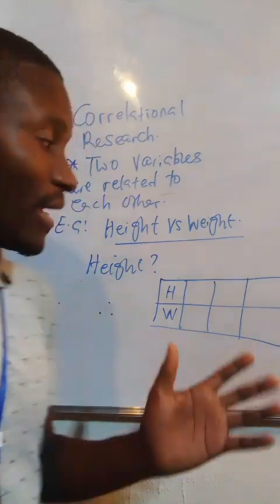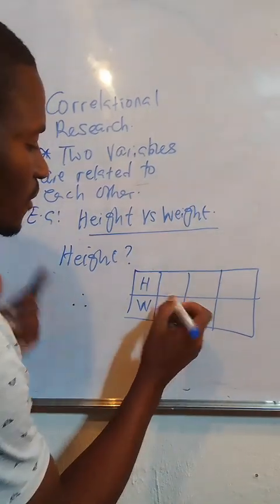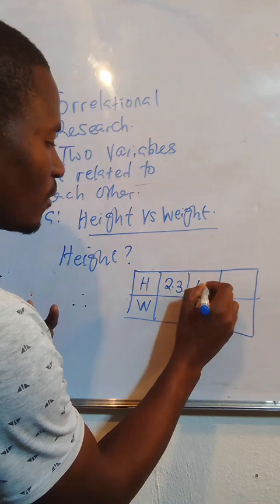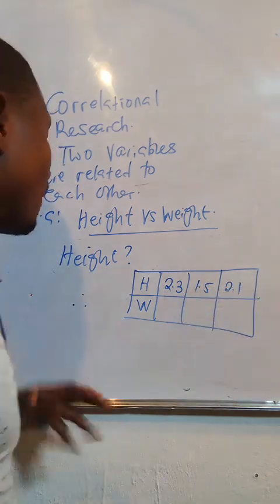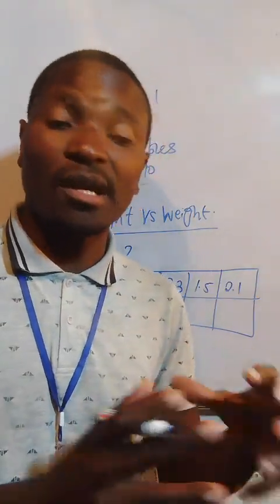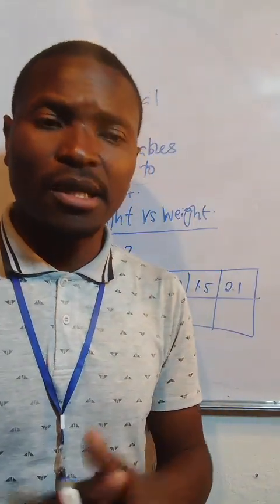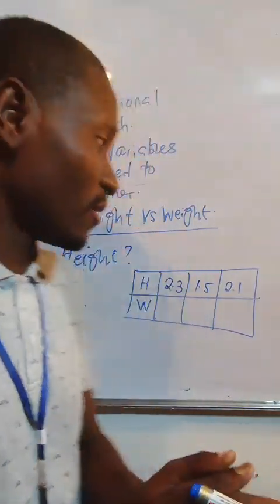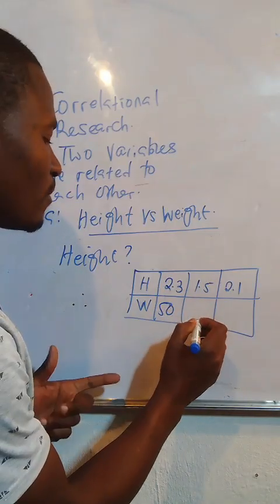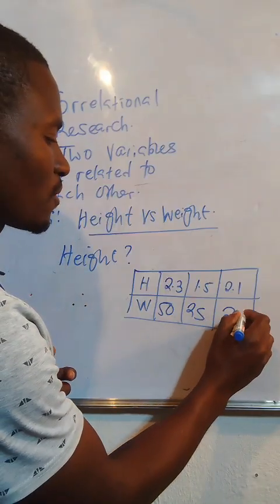Let's say the heights are 2.3, maybe 1.5, maybe 2.1. Now we can predict the weight of a particular participant in this research based on their height. Let's say this one is 50, maybe this one is 25, maybe this one is 20.